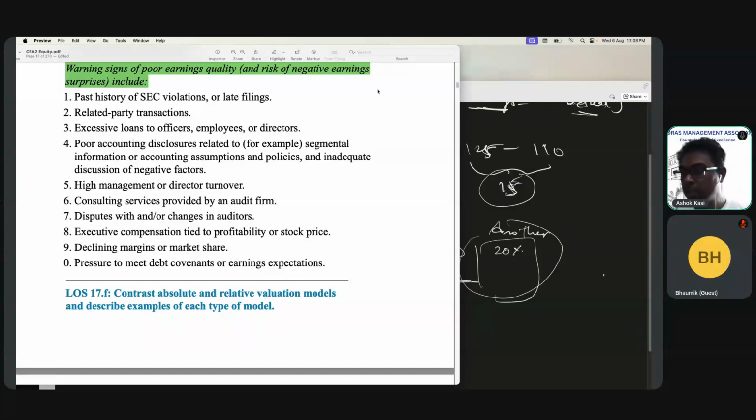See, consulting services per se is not a problem, but how that can create a problem is when it is provided by an audit firm.